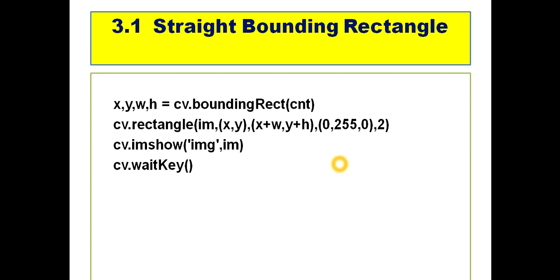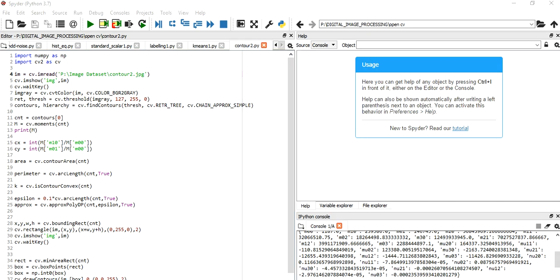Then 0, 255, 0 for the color, and then 2, that is the thickness. This parameter is for coloring, and this part is the thickness, how thick you exactly want. Then you can show the image with cv.imshow and waitKey. So the rectangle will be drawn. That's all. So that is the program that I have just explained.